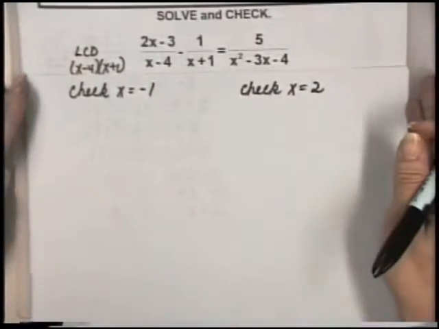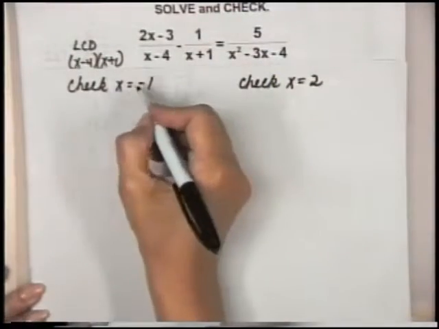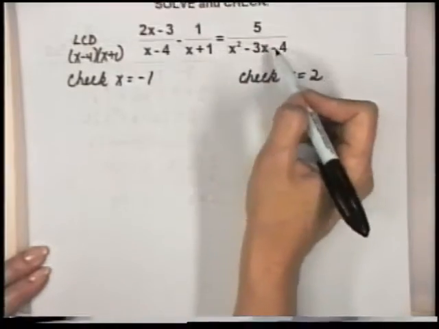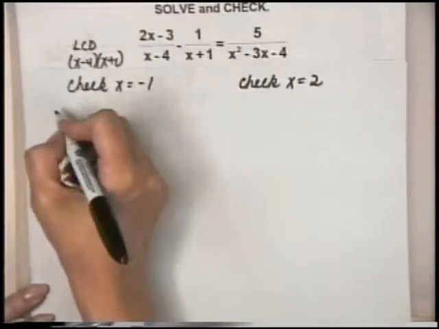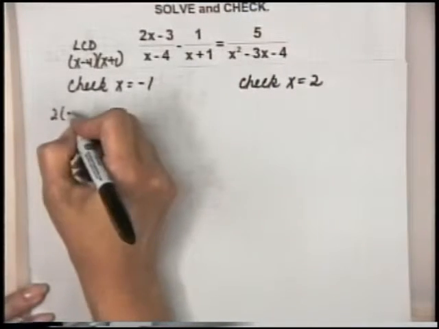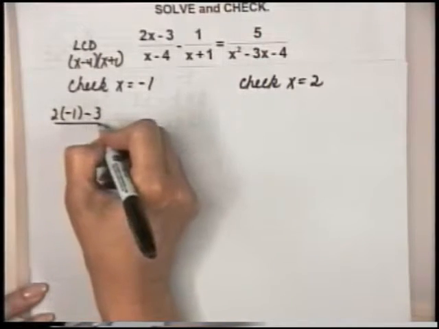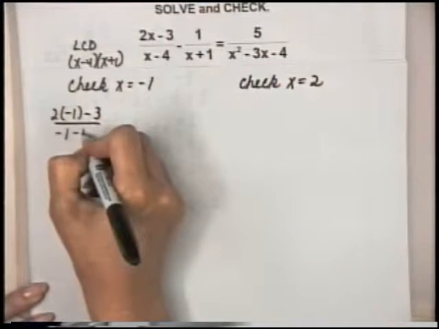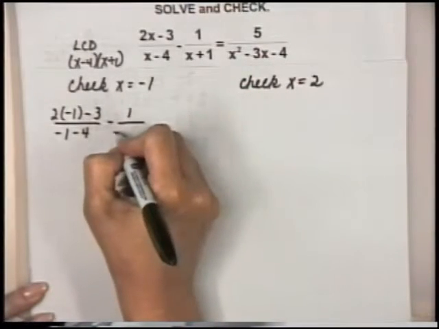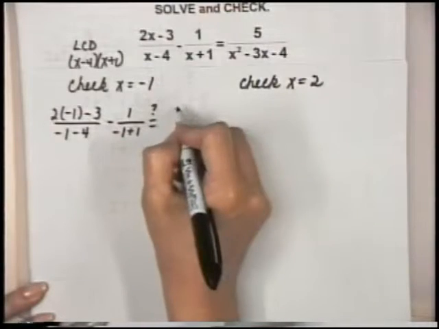So let's go back to the original equation. We will start with the -1. We will replace each of these x's with a -1. So we will have 2 times -1 subtract 3 over -1 subtract 4 subtract 1 over -1 plus 1.